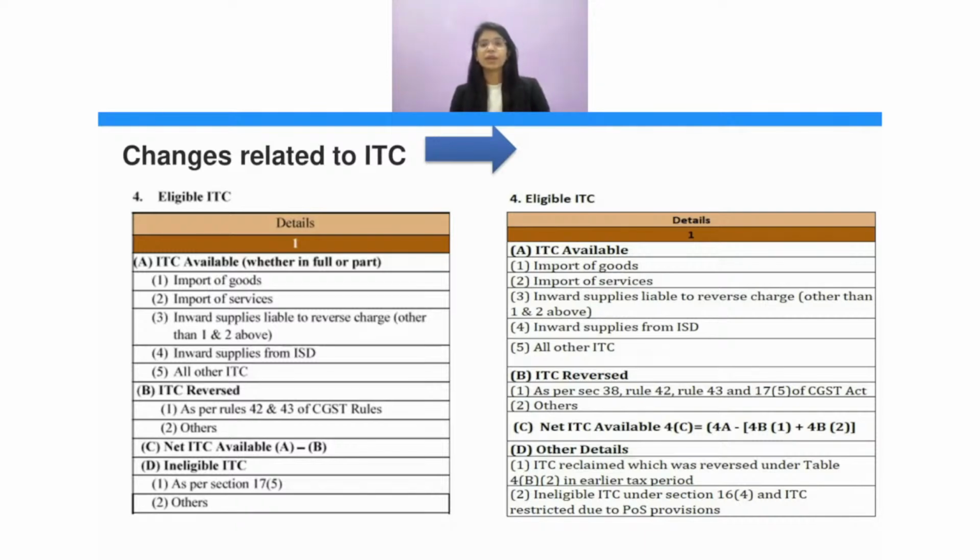Now let me ask you another important question. Today, if we look at the ITC available section, we have the invoices, the debit notes, and also the credit notes.